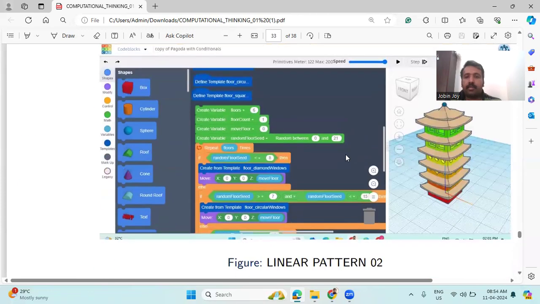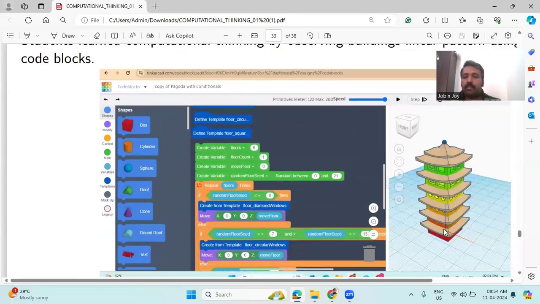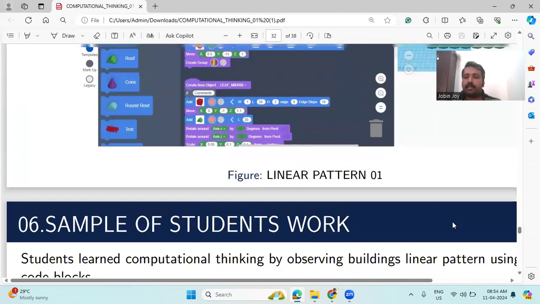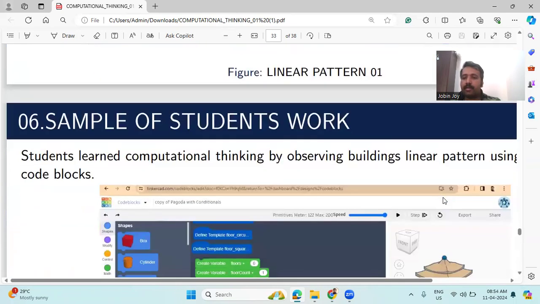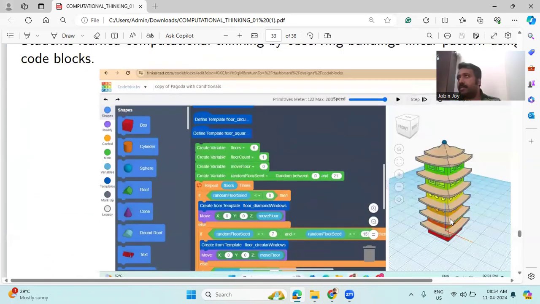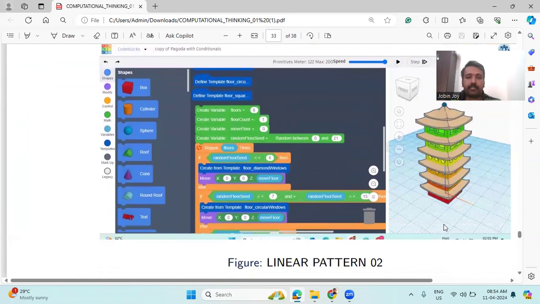Okay, and this is another example related to linear leaf pattern. This is a building. And this is a linear leaf pattern, and you can see this is x-axis linear leaf pattern, whereas this is y-axis linear leaf pattern. Okay, and here you can see the variables.